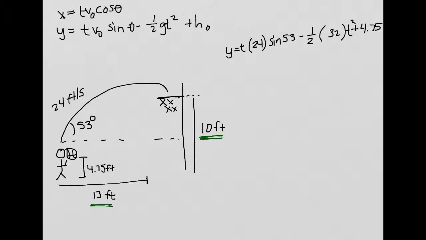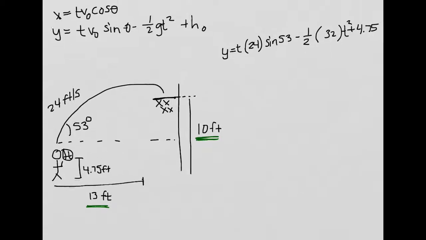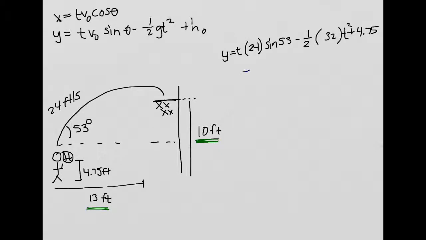All right, and so you have a couple of ways of doing this. I would recommend that you use your graphing calculator. Graph your equation. Make sure that your calculator is in degrees. Okay, graph this equation and graph the equation y equals 10.